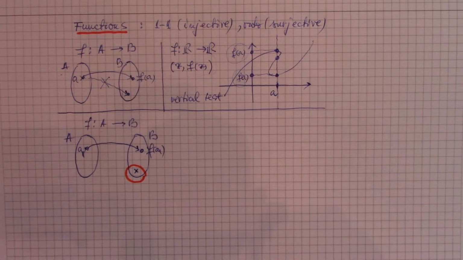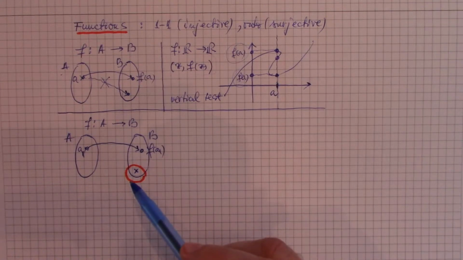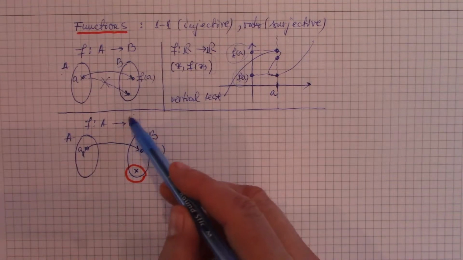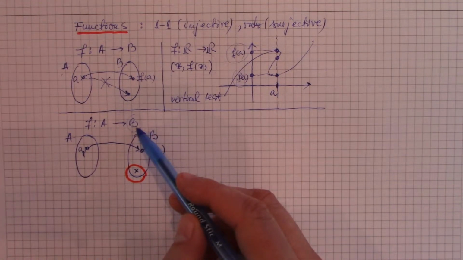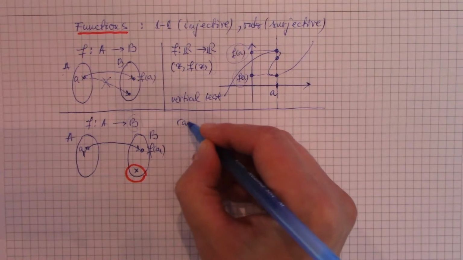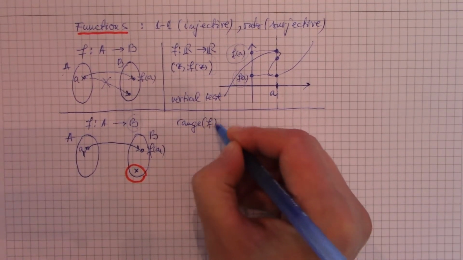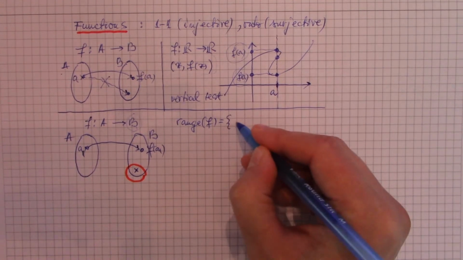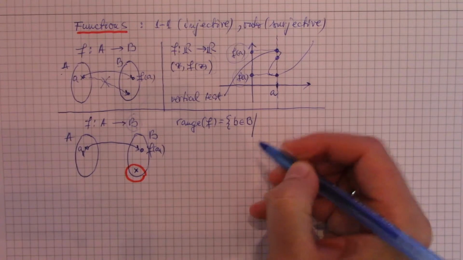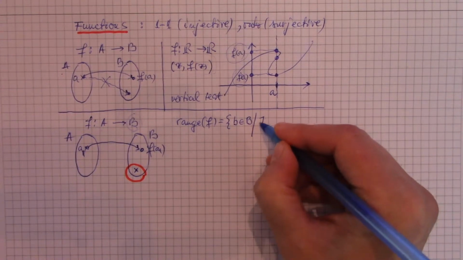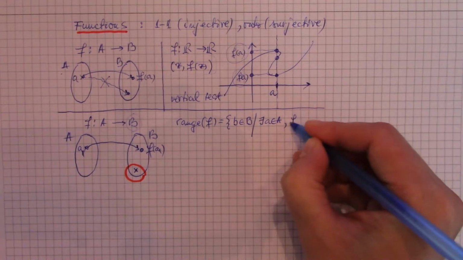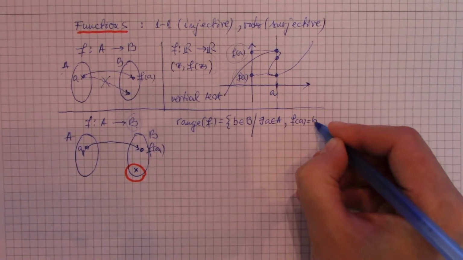Okay, so when we actually noticed that in a previous video, we realized that it makes total sense to talk about the codomain of a function, which is B, and the range of the function. Okay, and just a reminder, the range of f is the set of those b in capital B so that there is an a in A with the property that f of a is equal to b.